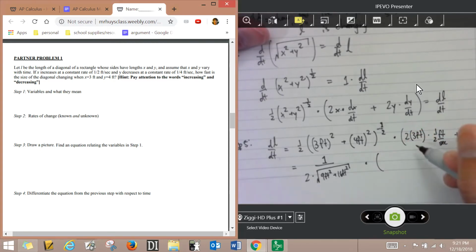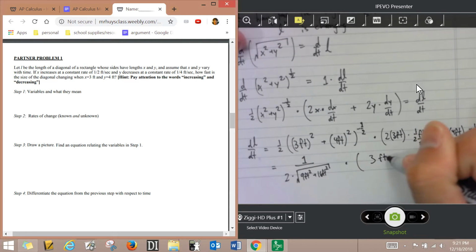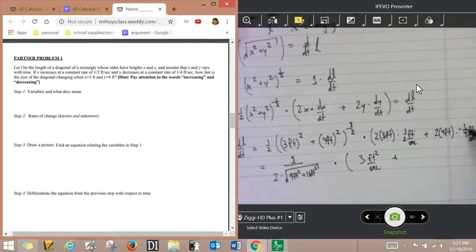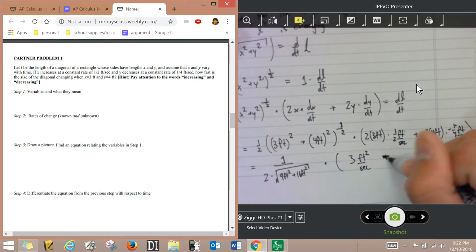That's going to be 2 times 3 is 6 foot, times 1 over 2. That's 6 times 1, that's 6, divided by 2 is 3. So that's 3 feet squared over 1 second. Plus 2 times 4 times negative 1 over 4, which would be minus 2 feet squared over seconds.